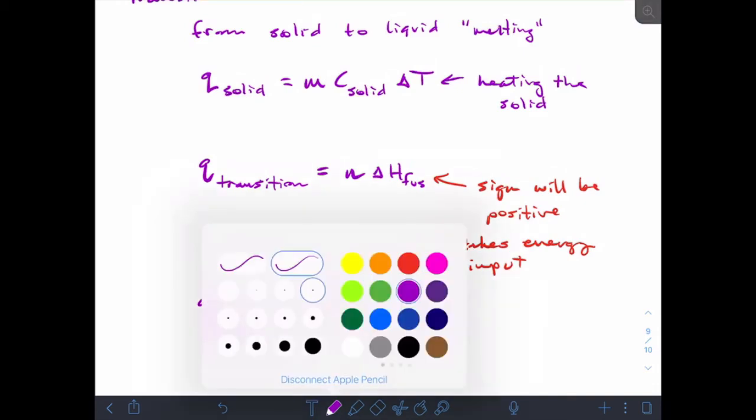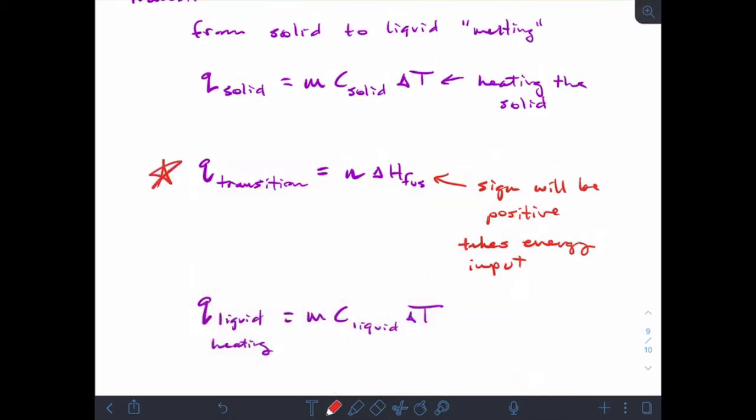So this step right here in the middle, the transition step, remember that delta H for a reverse process is the same in magnitude but opposite in sign. So melting, we're putting energy in, so delta H will be positive. Freezing is the opposite process, but it'll have the same value, so delta H will be negative, right? Because we're taking energy out.